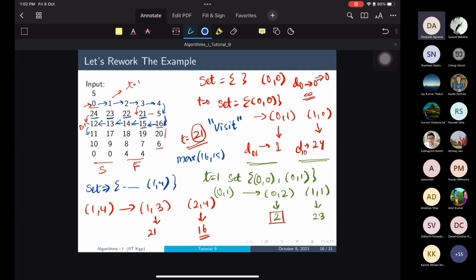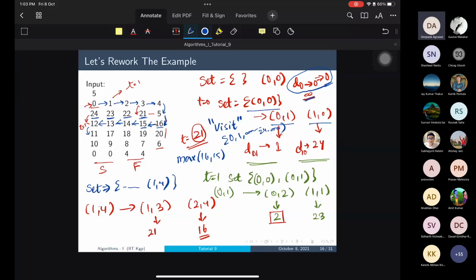Because initially all the distances were infinite, only the distance of 0 was 0. So from all these cells, 0 was the closest cell, so we took out 0. Then 0 updated the distance for its neighbors, 0, 1, and 1, 0. Then the distance set looks like for 0 it was 0, for 1 it's 1, for infinite, and then for 24 it is 24, then infinite, infinite.